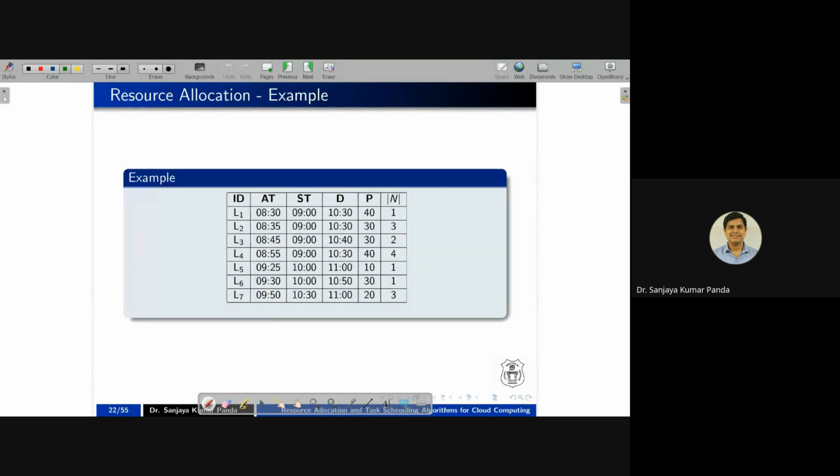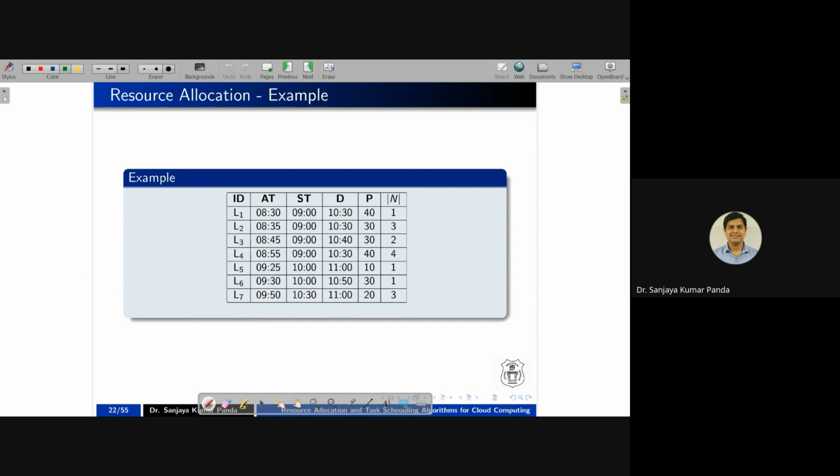Okay, and all these leases are sorted based on their start time. In fact, they have also sorted it based on the arrival time. But start time has more significance, right? Because at that time you have to start allocating the resources. Normally it is arranged based on the arrival time, but in order to process, you need the start time.